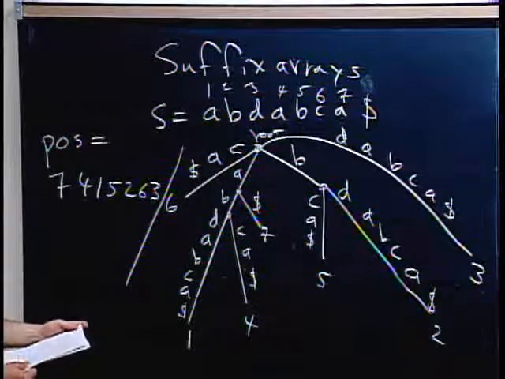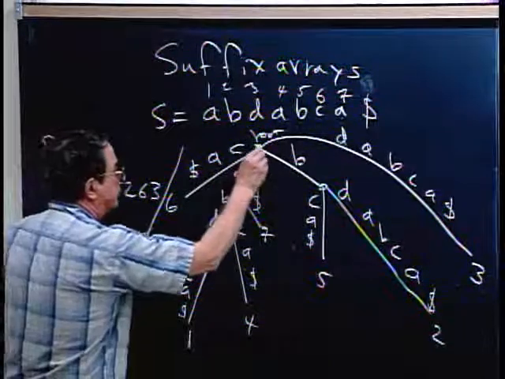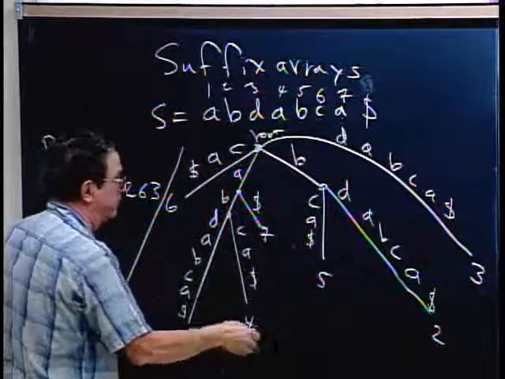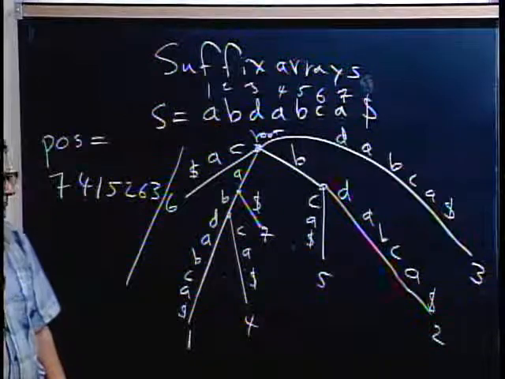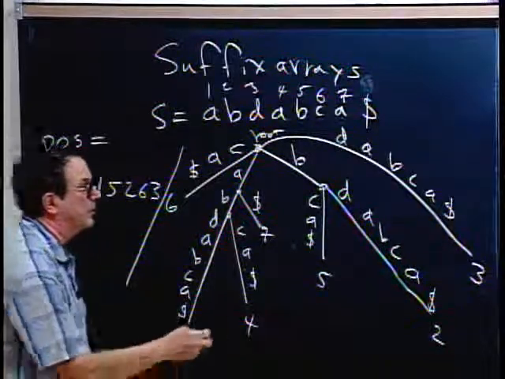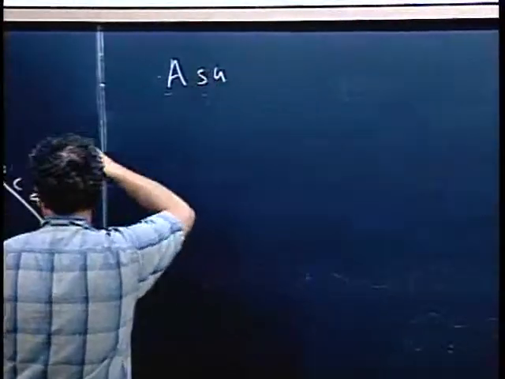Now, one of the ways that you can build a suffix array is by building a suffix tree. Here we have one. And then doing a lexicographic depth-first search. Okay? So I'm going to go over to this board for a minute just to write this down, and then we'll come back to this in a minute.